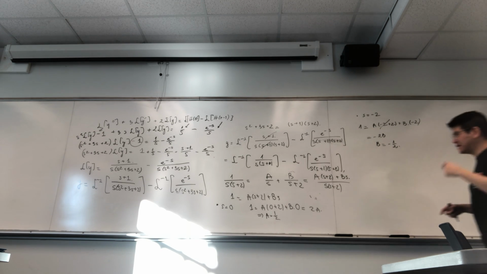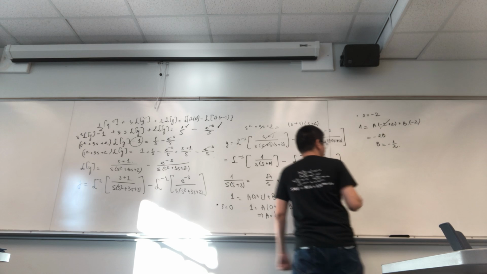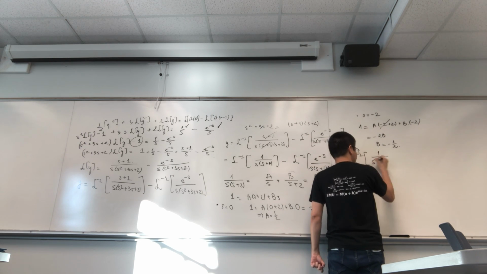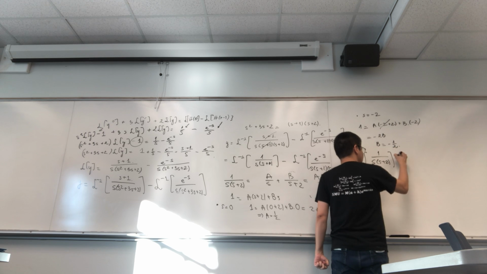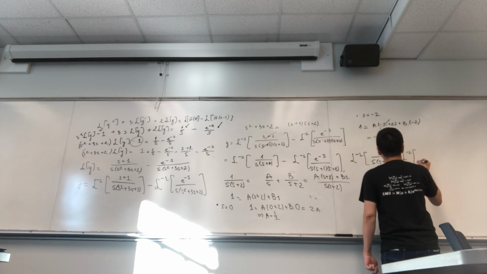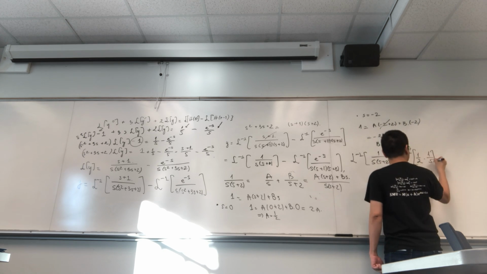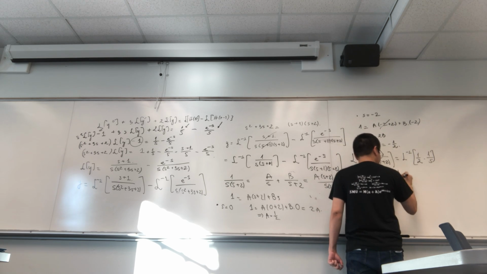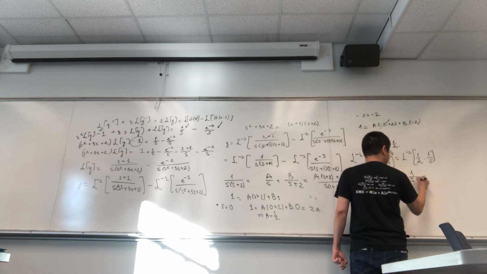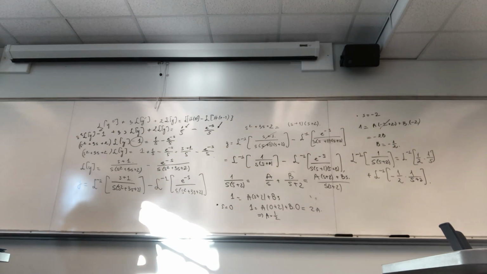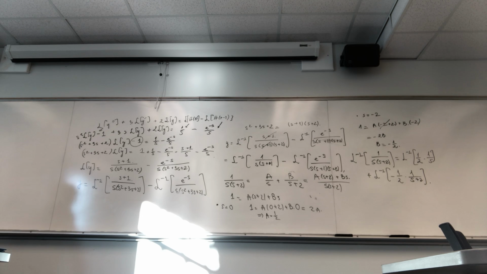Now I put everything back into this expression. So I have the inverse Laplace transform of 1 over s times s plus 2 is going to be the inverse Laplace transform of 1/2 times 1 over s plus the inverse Laplace transform of minus 1/2 times 1 over s plus 2. Right? So what is the inverse Laplace transform of the first guy?